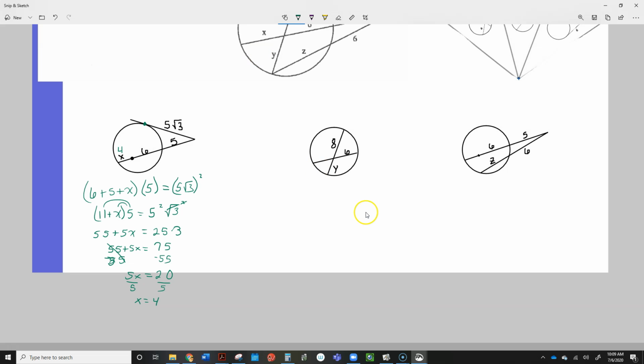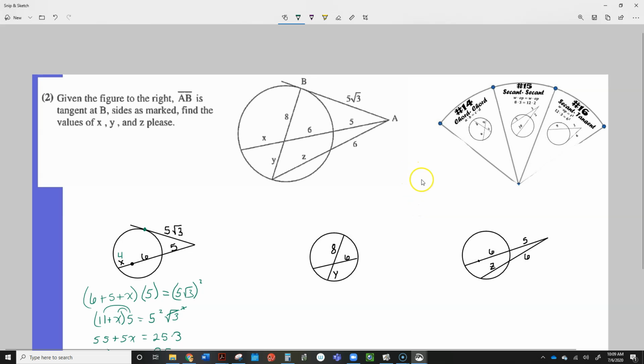All right, so now I go over to this piece right here, and they want me to find y. Well, remember, this piece right here is now 4. I just found that out to be 4. So this piece is 4. Now I have the value of x. So I'm now using this chord, and the chord formula is 4 times 6.